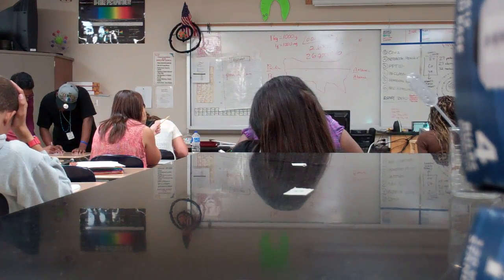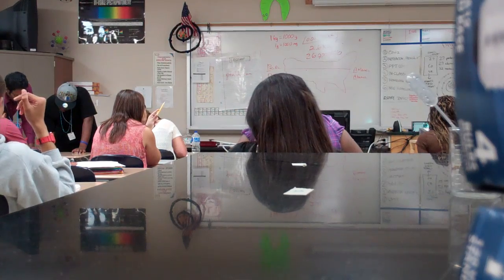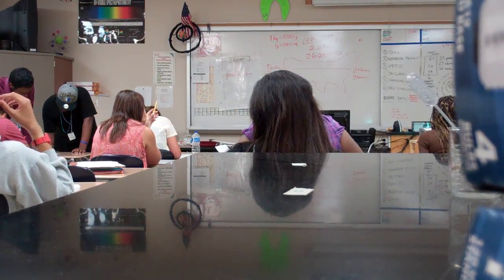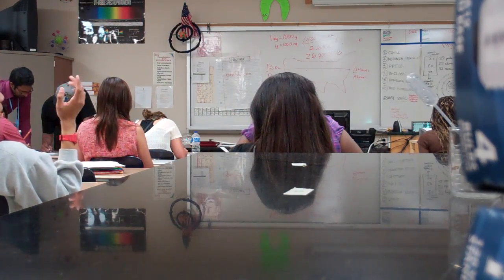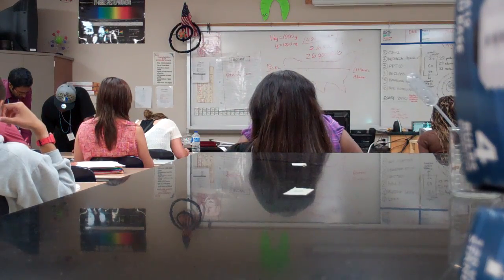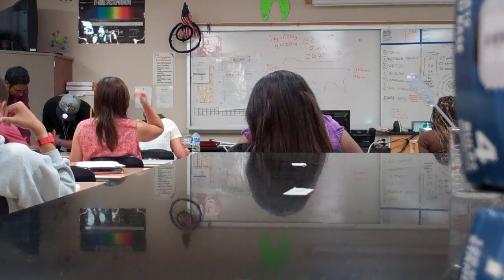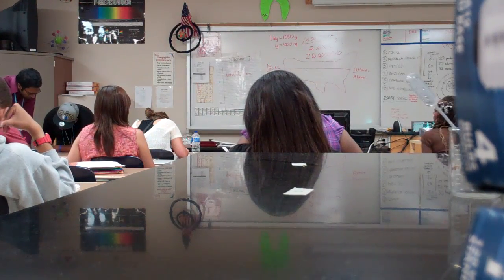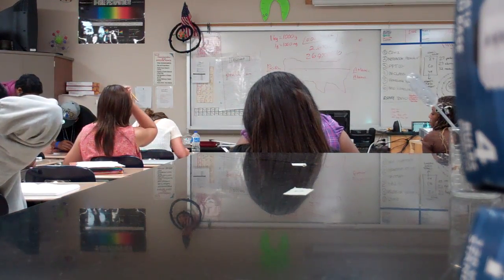Start on this side, crossing out all zeros, it becomes non-zero. It's going to be 5.1 times. This one's present, so you cross out all zeros.